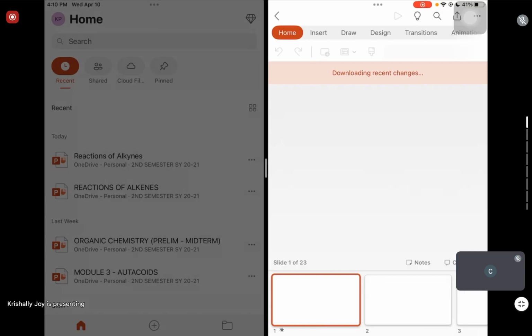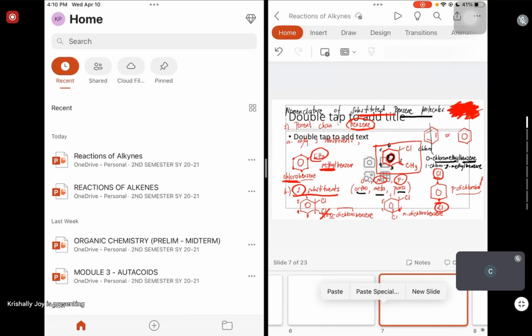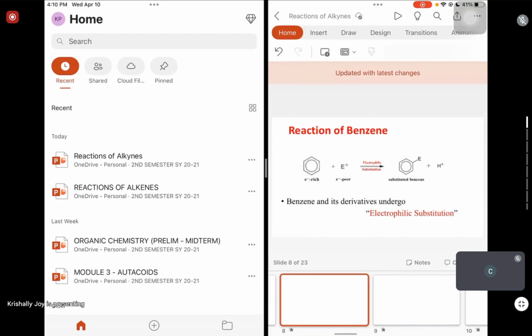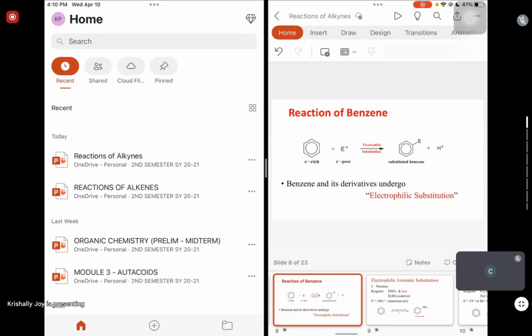With regards to the naming of benzene, it was introduced under positional isomerism: the ortho, meta, para positions of di-substituents, two substituents in the benzene ring.